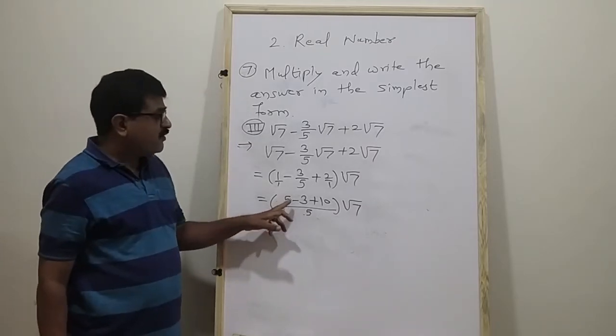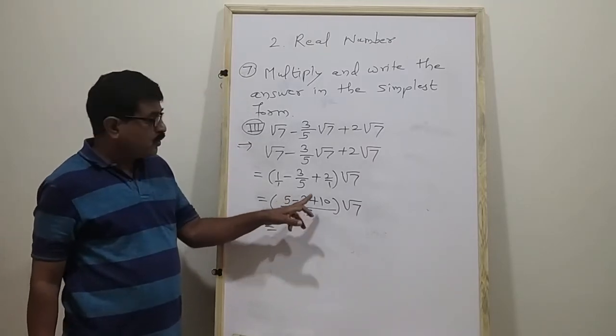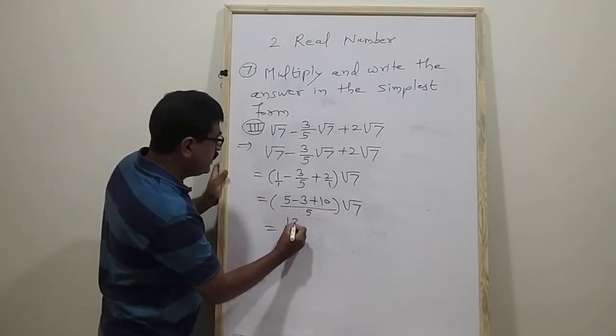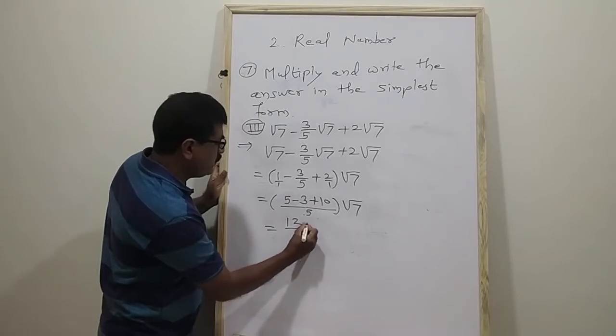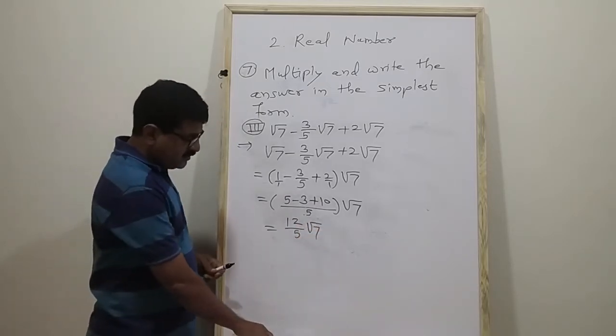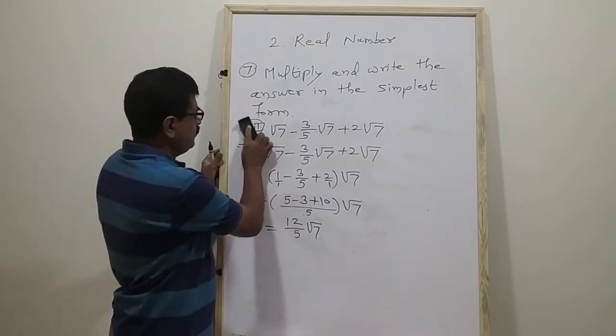Now here 5 minus 3 is 2, plus 10 is 12 upon 5 root 7. This is the multiplication which is in simplest form.